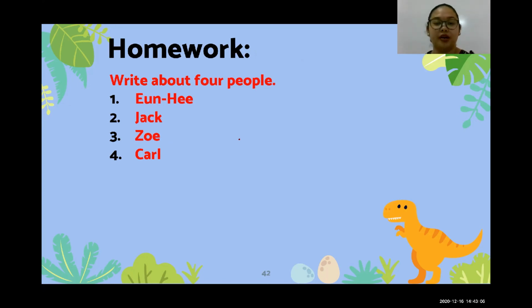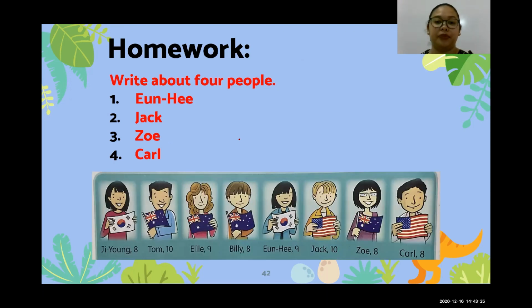Write this in your English notebook, and once you are done, send your homework to my messenger, not in the group. What you will do is you will write about 4 people.